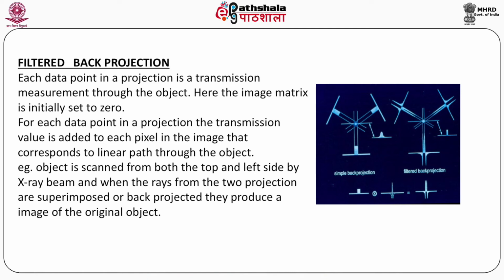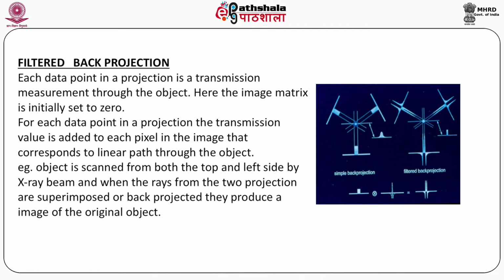Now, the second technique is simple back projection. Here each data point in a projection is a transmission measurement made through the object. The image matrix is initially set to 0. For each data point in a projection, the transmitted value is added to each pixel in the image that corresponds to the linear path through the object.